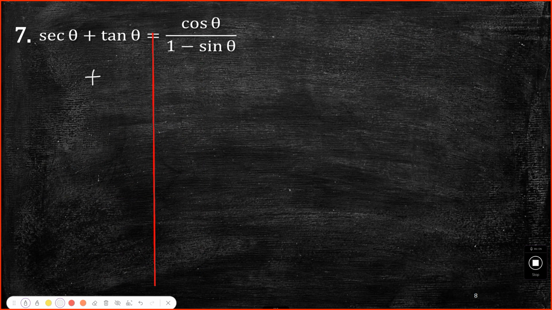So secant theta is what? 1 over cosine theta? Tangent theta is what? But is it going to take me anywhere though? Tangent theta is sine theta over cosine theta? But it's not taking me anywhere.